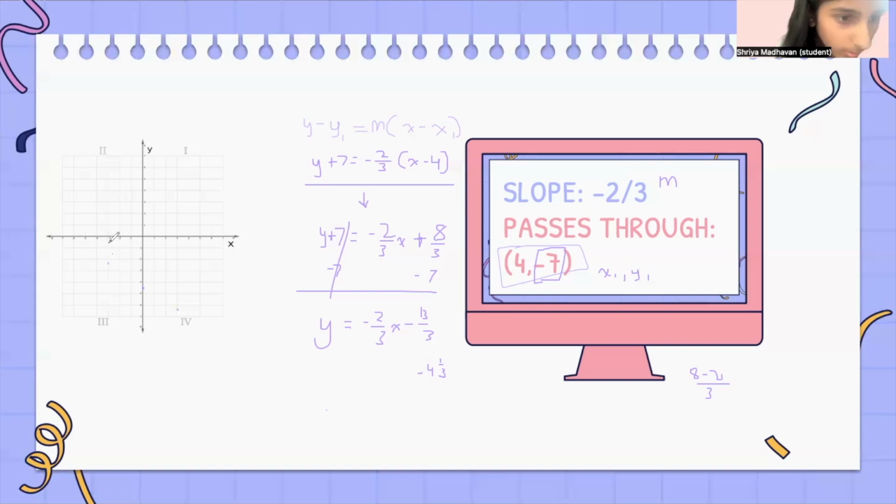Rise by 2 and move by 1, 2, 3. So approximately that's what our line is going to look like. Okay, and that's what our line looks like for y plus 7 is equal to negative 2/3 into x minus 4.